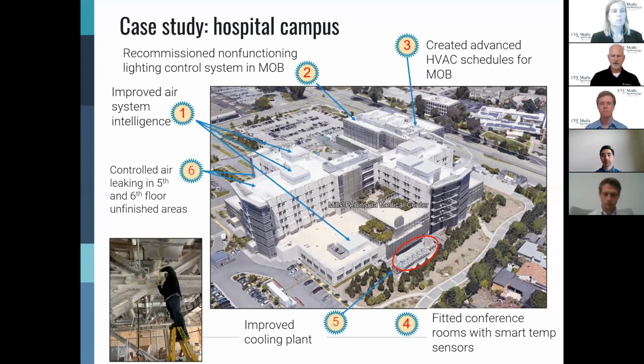There's a lot of unfinished areas, again, that had airflows to them. So just again, staying on top of these buildings once they're in place. I mean, these spaces had been unfinished for 10 years, and just air pouring into these spaces.